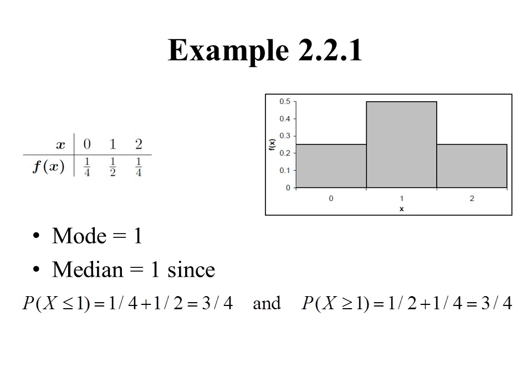So because both of these probabilities here are greater than a half, that means that our median is equal to 1. And furthermore, 1 is the only value of x for which these two probabilities are at least 1/2. So that's why our median is equal to 1.